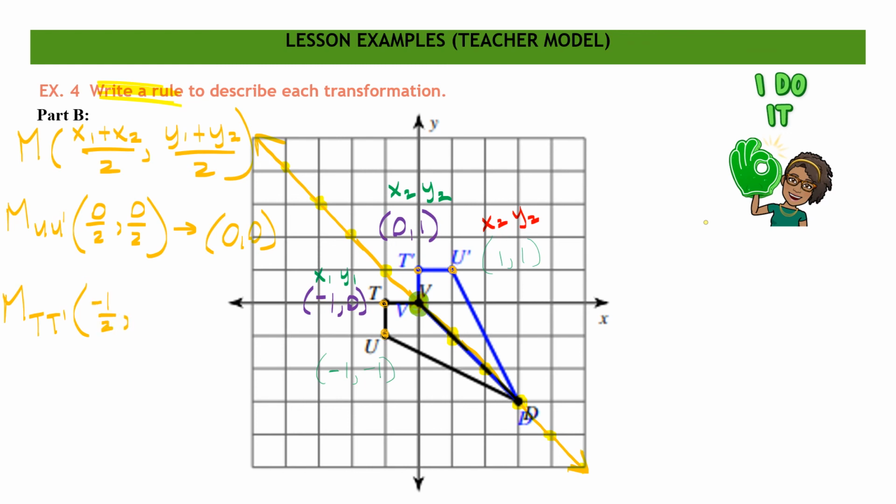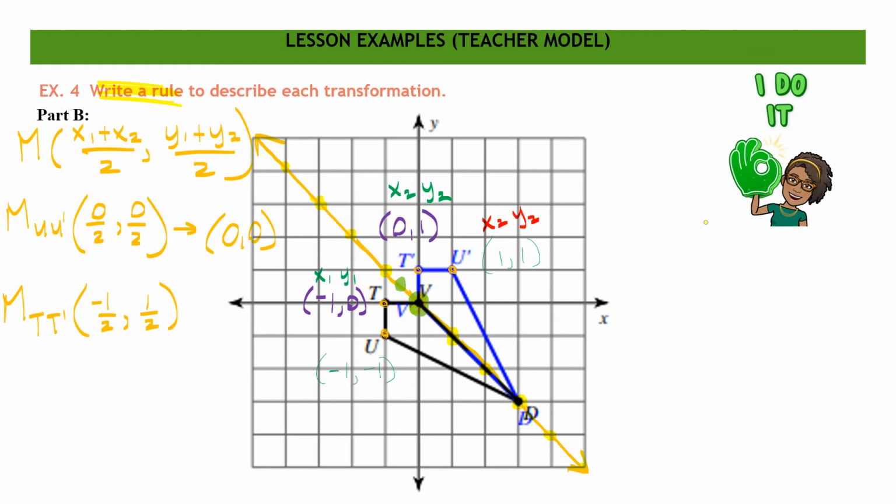And my y's, 0 plus 1 is just 1, and I divide that by 2. So I have my point, -1/2, 1/2. Where is that? If I start from the origin, I go to the left 1/2, and then up 1/2, I'm going to end up somewhere around there.